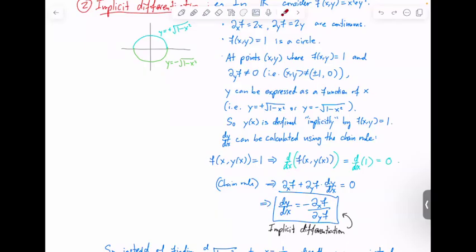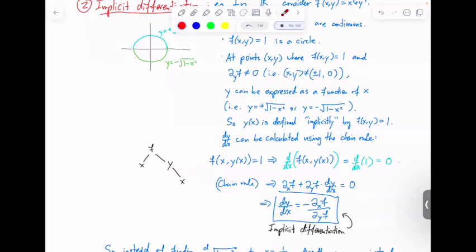What's the dependency here? f depends on x and y. But y here is defined implicitly in terms of x, so this y also depends on x. So there's another node here with a branch of the tree.